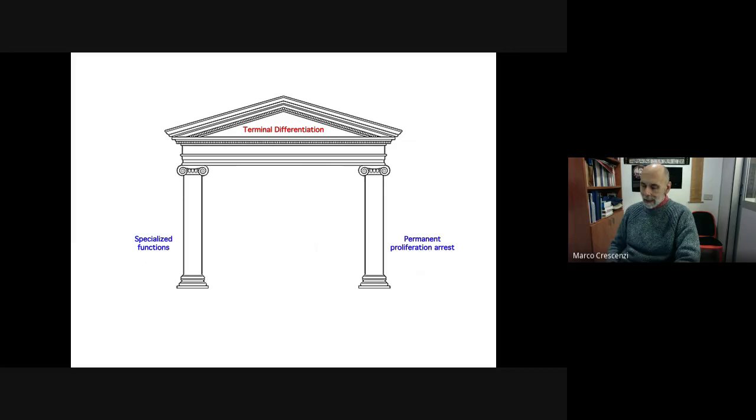So, as you can see, both pillars rest on soft ground, and the definition of terminal differentiation is not really solid. Now, I think you all agree with the subjectivity of the term specialized functions. But what about permanent proliferation at rest?